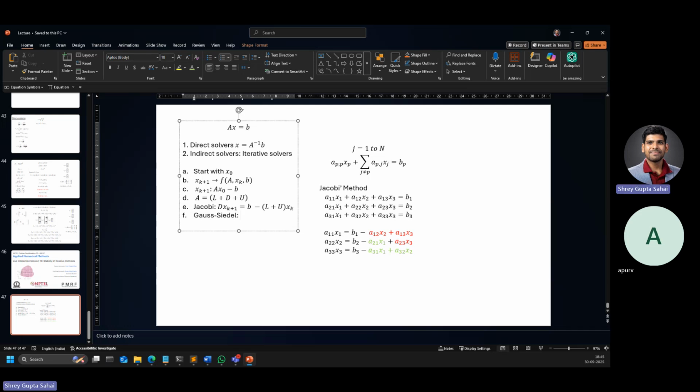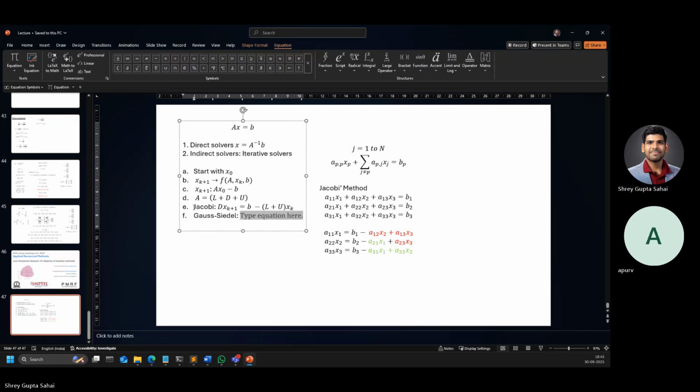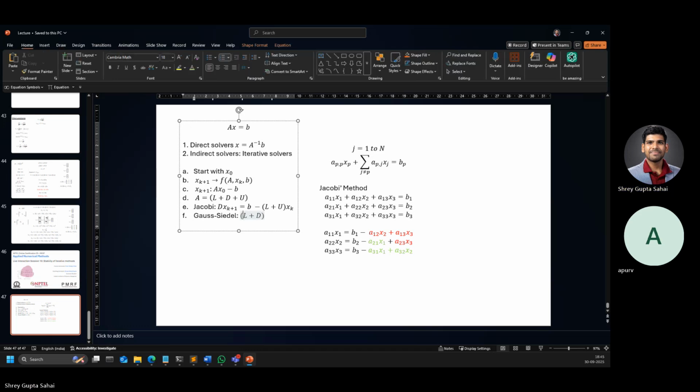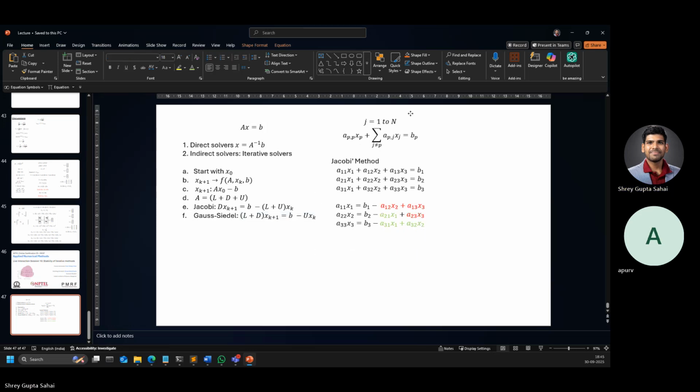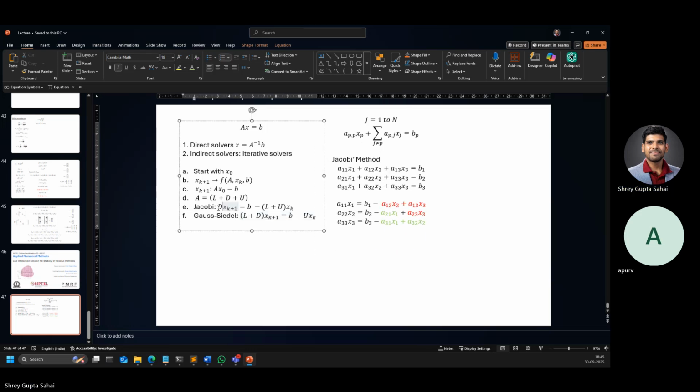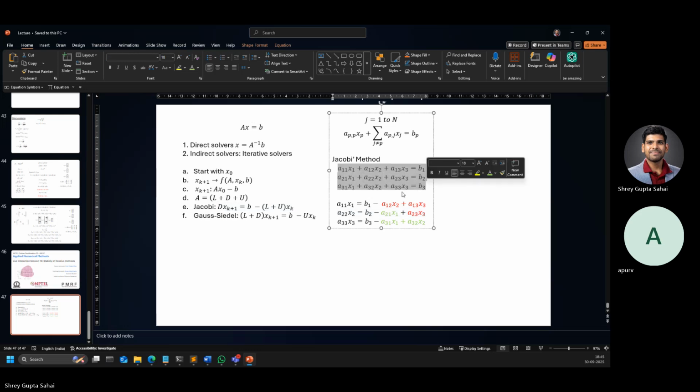It's L plus D, L plus D xk. So now if sir has discussed that part to you, maybe you can tell me if I have written this incorrectly or correctly. What does Gauss-Seidel do?